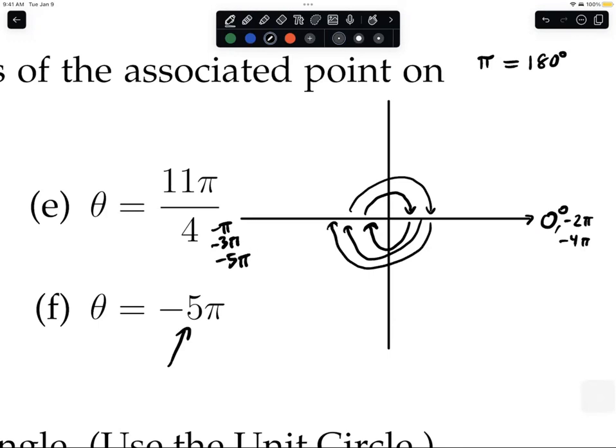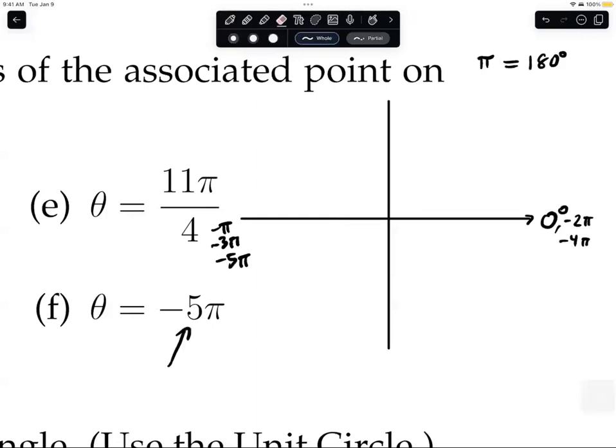So -5 pi is actually just -2 pi, -4 pi, and then -5 pi. It's right here. If we end up right here, the terminating side is right here, and the initial side is right here, what angle is that on the unit circle?